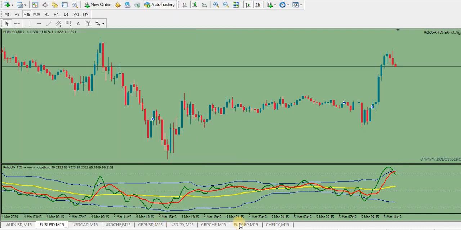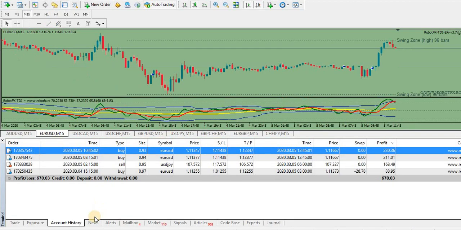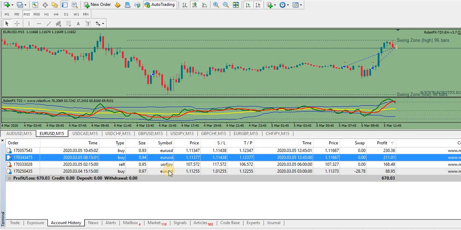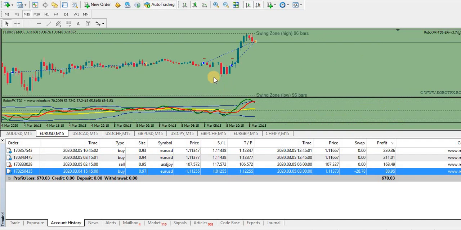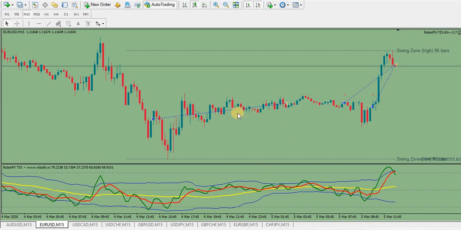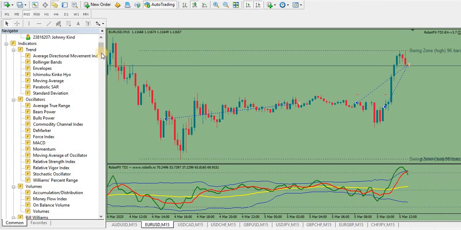As you can see, our trades already closed, and we had one here and another one here. How old is this one? I don't know. All right, never mind that one. Focus on the last two.